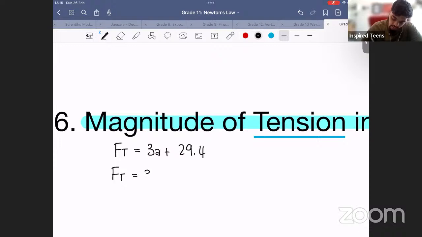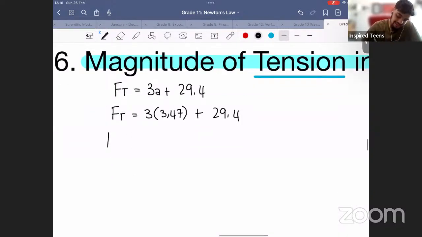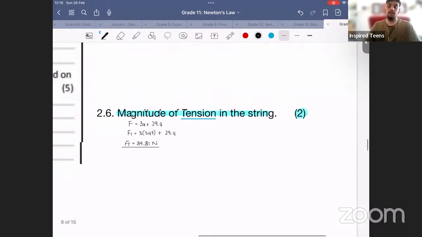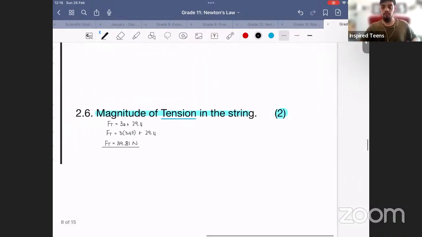Ft is equal to 3 into 3.47 plus 29.4. You get the tension in the rope. It's 39.81 newtons.